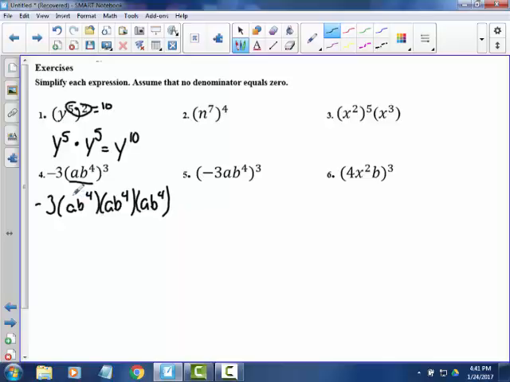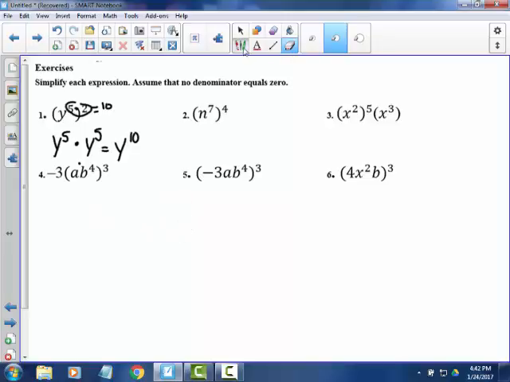And then we know these are all 1s, so how many 1s do I have? 1, 2, 3. How many 4s do I have? I have 3. Well, repeated addition is our multiplication that we were going to do here if we followed the rule. So I would not probably expand this all the way out.